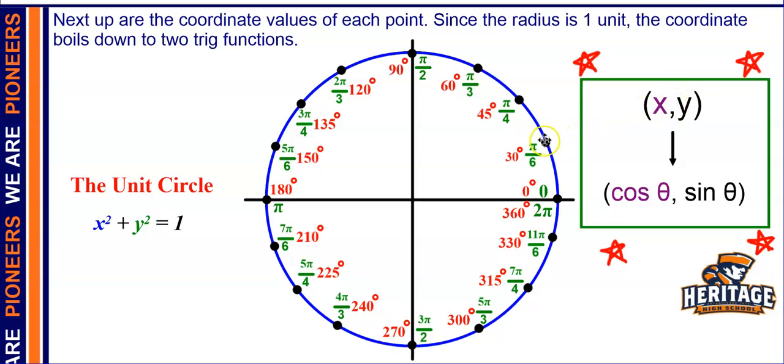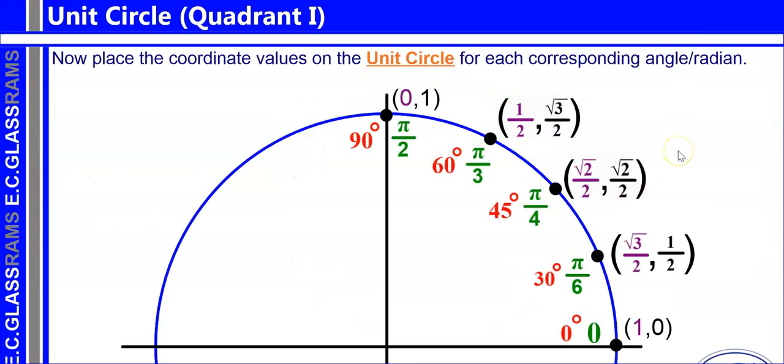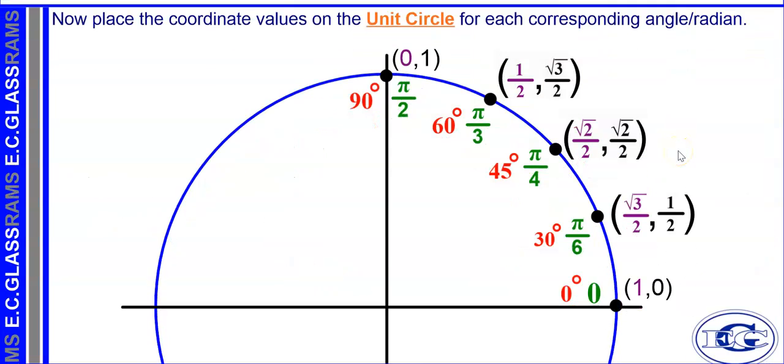If we were to find the xy coordinate point for each one of these points on the circle, remember that x can be replaced by cosine theta, that's the adjacent side of the right triangle that can be formed from each one, and sine theta is the opposite, which replaces the y value of each triangle that can be formed on the circle. So let's go ahead and expand on this so you guys can have a clear vision of what to copy down.